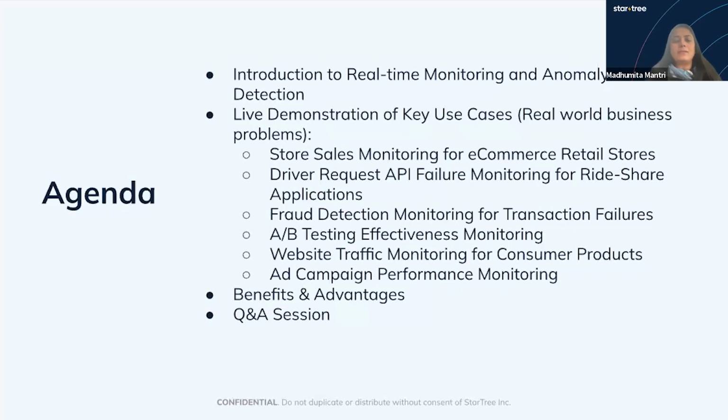Then I will dive into each of these key use cases I've listed here, which are real world business problems. Many of you are either familiar or will learn today. I've seen this live myself working with some of the users, and have also tried it myself to see the value in these areas. Then we will wrap up with benefits and advantages, and then dive into the Q&A session.